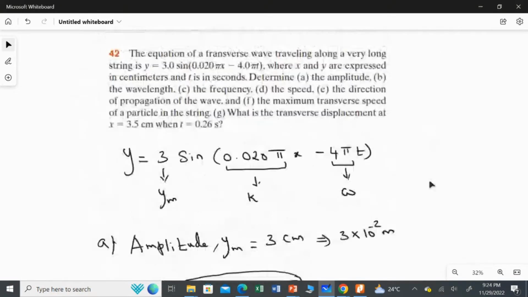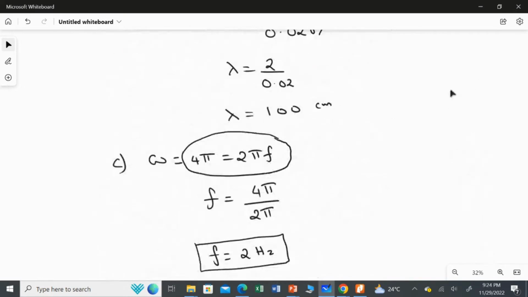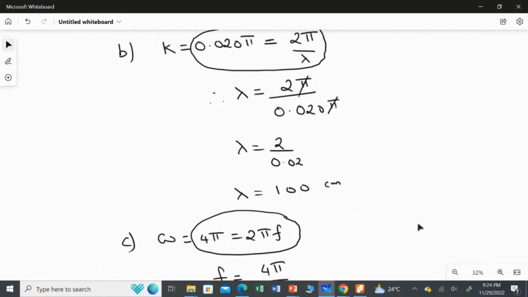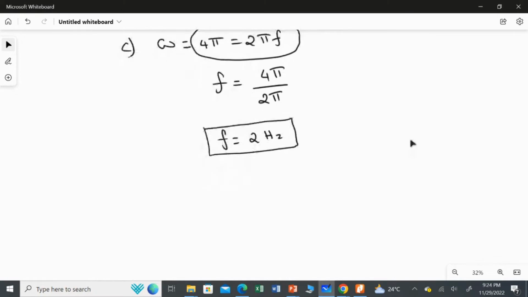Now we go for the fourth question. What is given in the fourth question? We are going to find the speed. How to find the speed? It's very easy. In parts B and C, we've already found the wavelength and the linear frequency. By using these, the speed is equal to frequency multiplied by lambda.